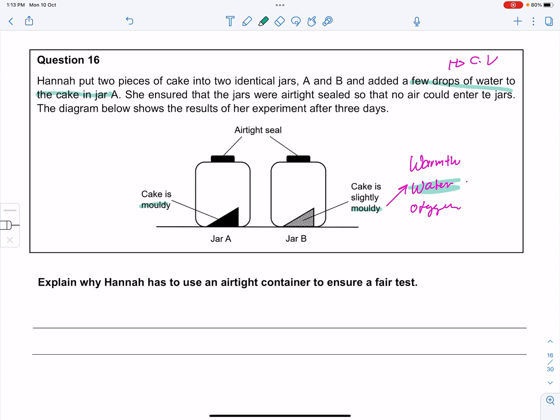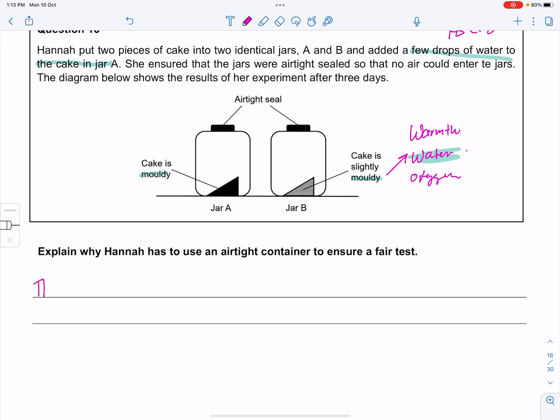And the one with water should be the one that is moldy, which is what is true, correct? Jar A is the one with water, which is consistent. So remember I told you what is the opposite? If she doesn't use an airtight jar, what will happen? The composition of air will differ. So then flip it back around.